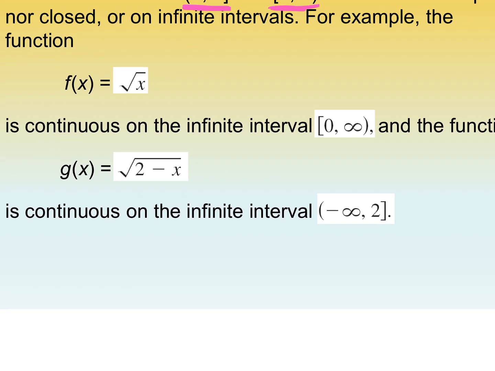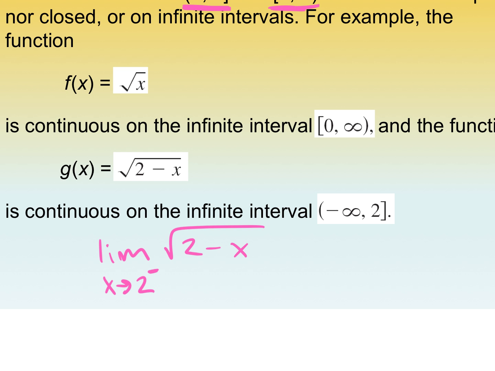So here, if I were asked to find the limit as x approaches 2 of 2 minus x, what would this equal? What would the limit as x approaches 2 be? We're talking about the negative direction.